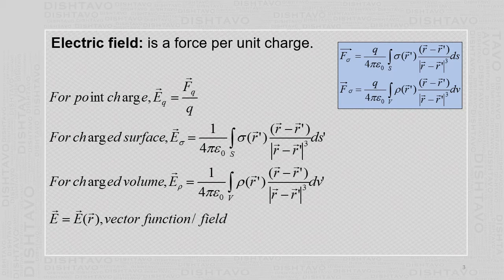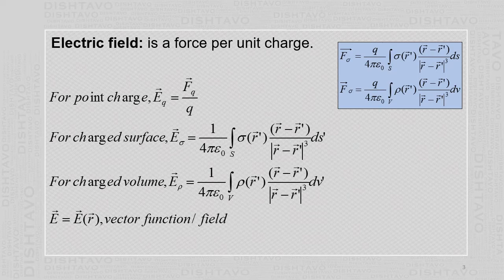Then to find out whether that field is there or not, another charge is taken closer to this earlier charge, and this charge which is taken near to that earlier charge is called a test charge, because this test charge is going to find out whether there is a field or not.